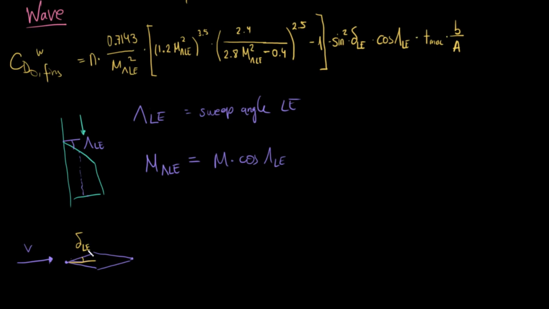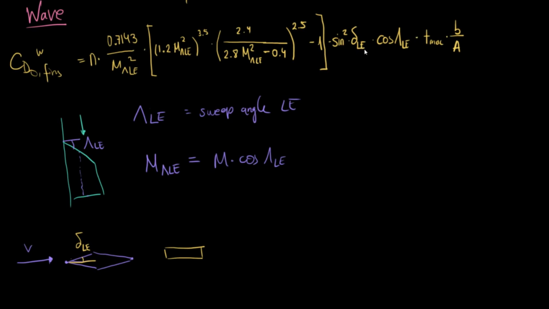If we had delta leading edge of 90, we'd have rectangular fins. As you can see, this term is squared. So this term is sine squared, which is like a parabola kind of. So if this leading edge angle, how does Fleeman call this?